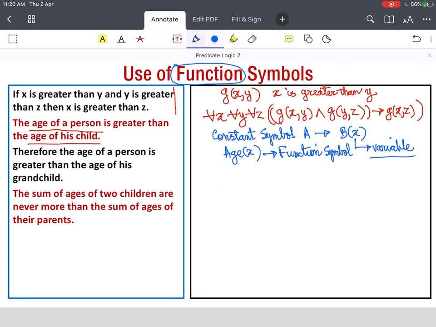Now, having a function symbol like this, we can write the second case as follows. For all x, for all y.